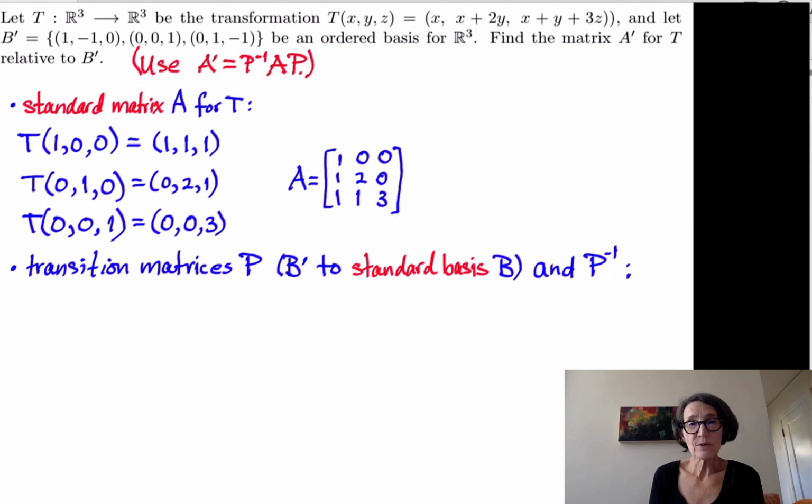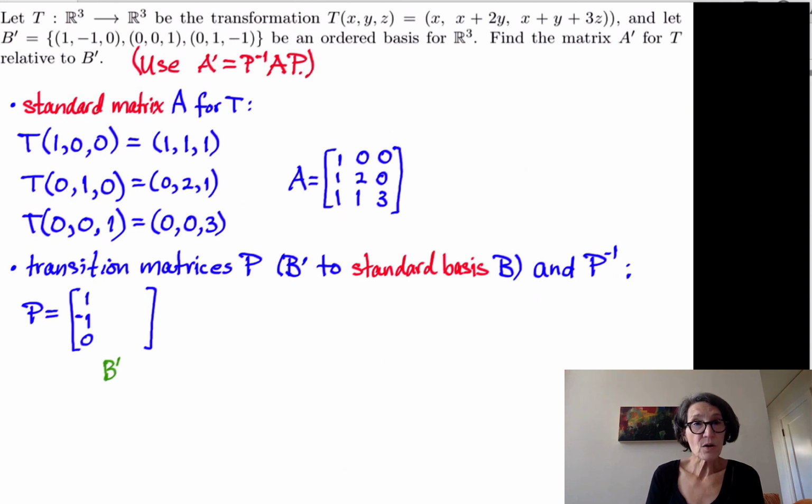All right, so now how do we find the transition matrices P and P inverse? So P is the transition matrix from B prime to the standard basis B. And remember, we learned how to get that matrix back in chapter 4. All we have to do is line up the columns of B prime in our matrix.